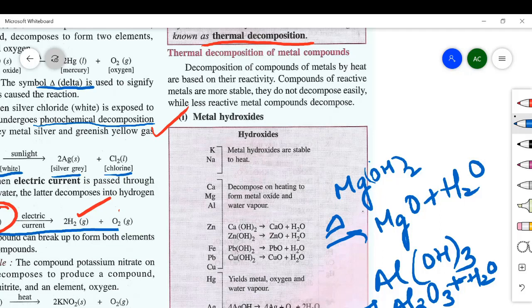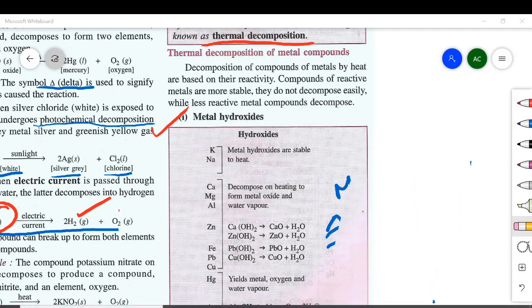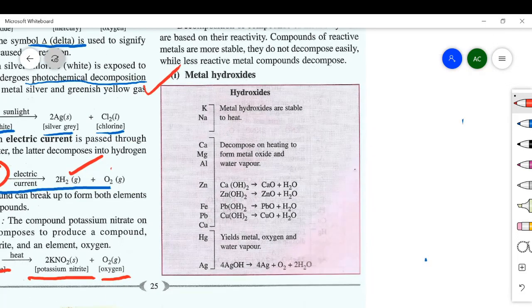This way a question might come: what is the effect of heat on aluminium hydroxide? Got it? Now the next one is the other category, that is zinc. Zinc is also the same. This whole category is the same till here. Till here it will give you metal oxide, and it will give you water.